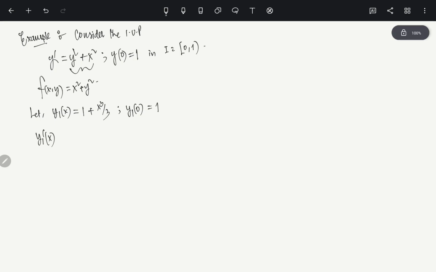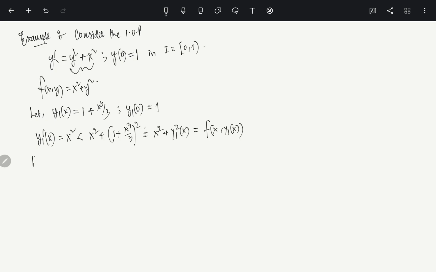Let's calculate: it is x square, which is dominated by x square plus (1 plus x cube by 3) square, which is nothing but x square plus y1 square. So I have a y1 such that y1 prime of x is strictly less than x square plus y1 square, which is f of x, y1 of x.